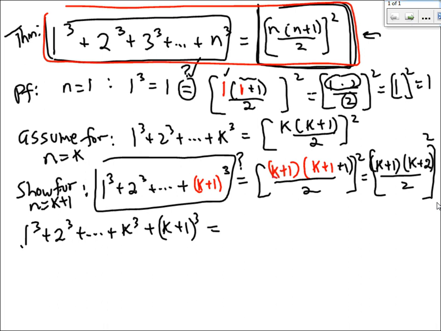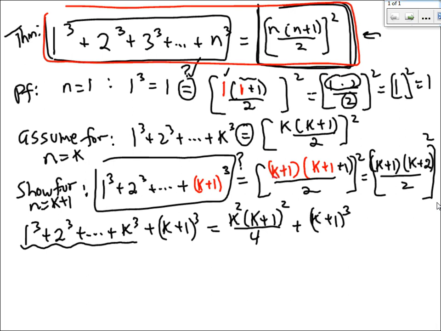Now, we know what this is equal to, assuming the hypothesis. It equals k times k plus 1 over 2, all squared. So it's k squared, k plus 1 squared over 2 squared. And we're going to add k plus 1 cubed.